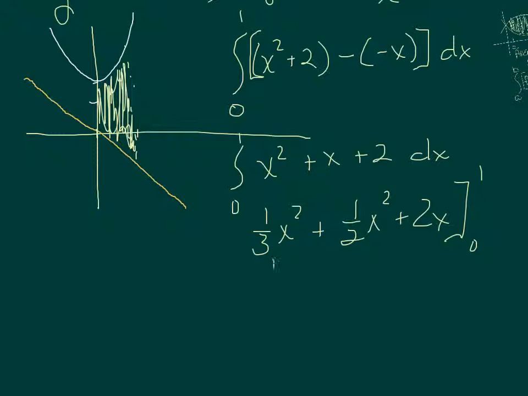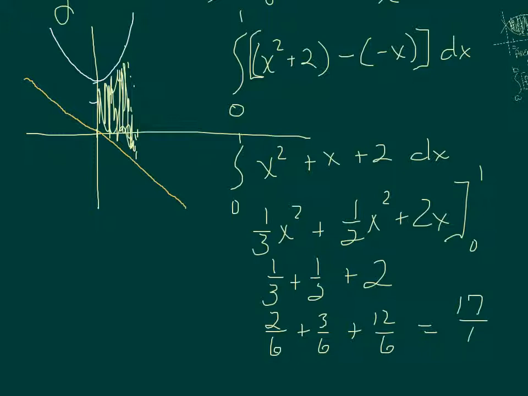So we're going to have 1/3 plus 1/2 plus 2. And so that's 2/6 plus 3/6 plus 12/6, which is 17/6. If you couldn't use a calculator, I would expect to see the 17/6.